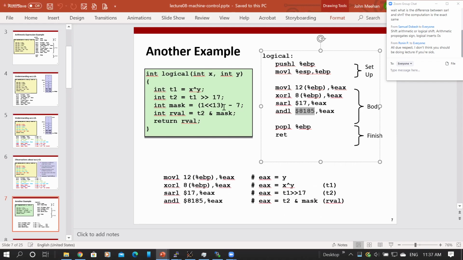And so then we take the T2, this thing over here that we shifted. It's the thing in the EAX register. And we want to AND it with the mask. And so you see the AND long word just generated that value, ANDing it with what's in the EAX register, which is this result that we computed up here in the T2. So once again, C just mimicking each thing going down the list.